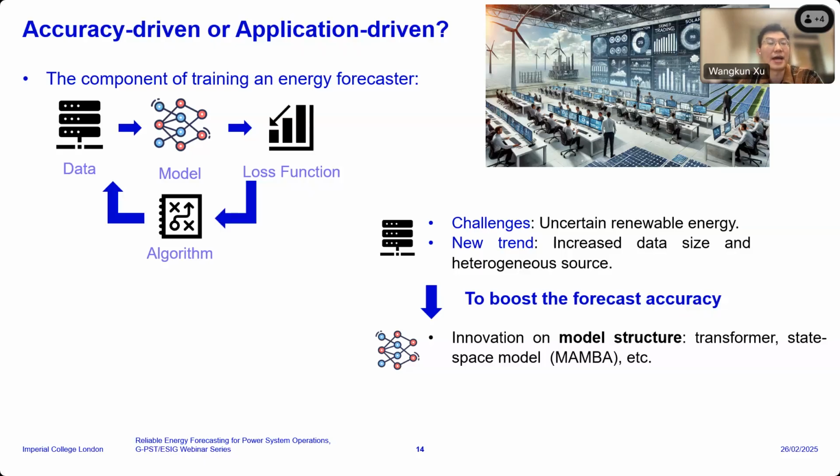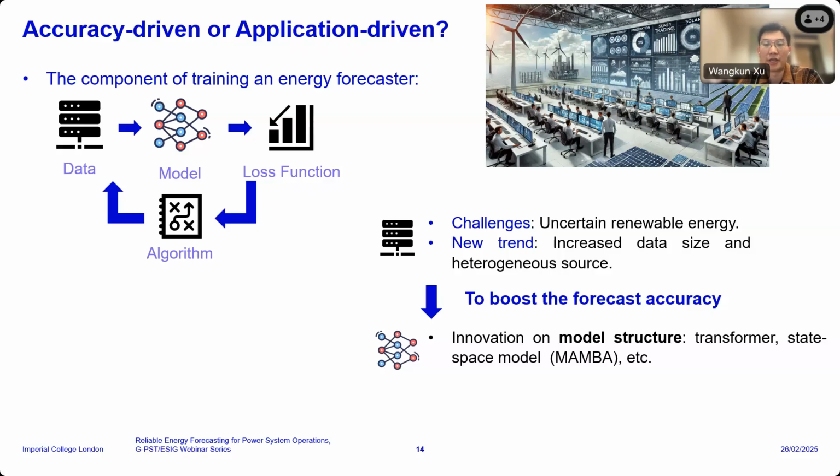While this pipeline works relatively well and will be followed in the future, there are indeed some new challenges and opportunities in the grid. First of all, the main challenge is the large penetration of renewable energies, which makes most of the energy forecasts less reliable and unstable due to their uncertain nature. Of course, some new opportunities exist, and thanks to the digitalization of the grid, there is more and more data from diverse sources available to train the forecaster.